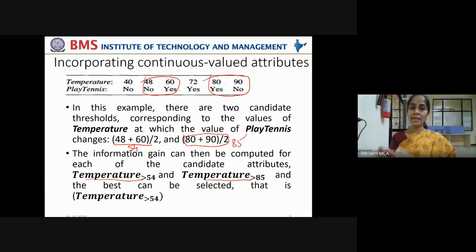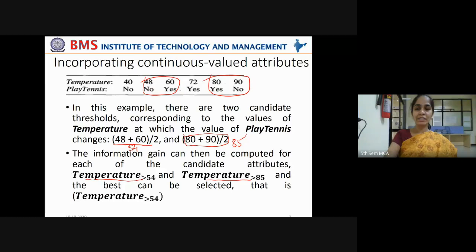Again, take temperature greater than 85, all will be classified into one branch, and temperature less than 85, into another branch. The training examples will be classified onto either branch. Now calculate the information gain using these classified examples. Where is the information gain high? That will be your split point.